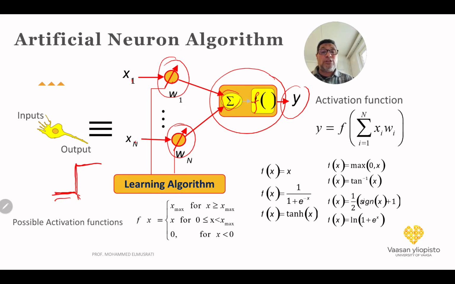But actually, during the learning process, we need to find the optimum weights. In order to find the optimum weights, when we talk about optimization, it means that we need differentiation. This kind of function doesn't have differentiation. When you have this step output, we cannot differentiate such an equation.